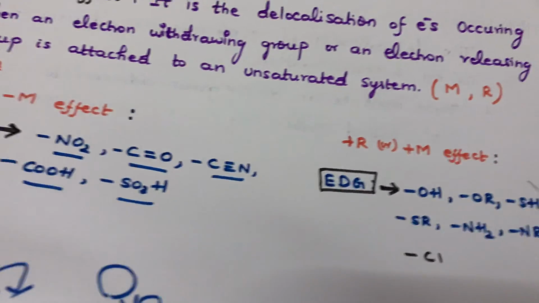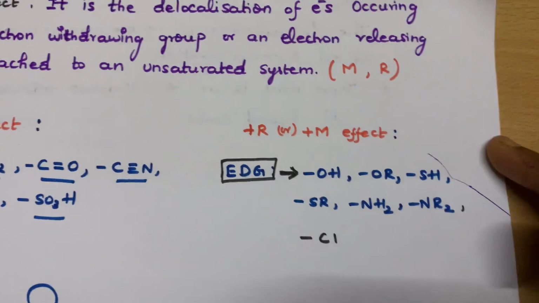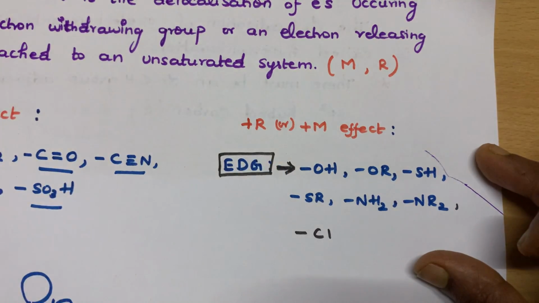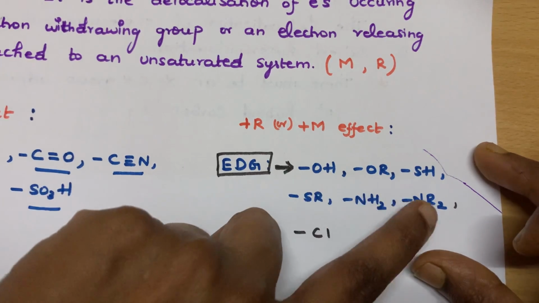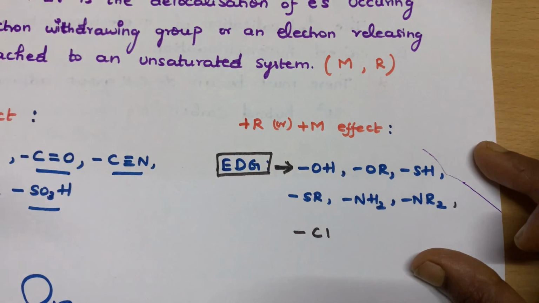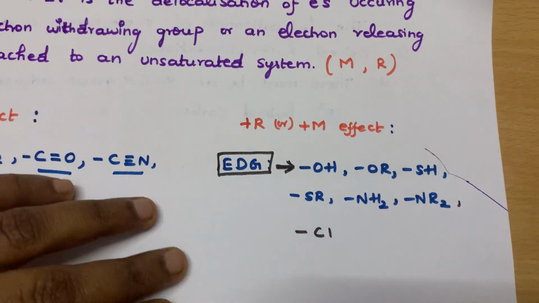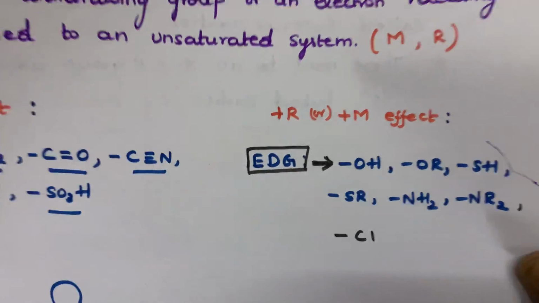It's very logical, you need not learn it by heart. Plus R resonance effect is given by the donating groups such as hydroxyl, alkoxy, thiol, amine, alkylated amine, and halogen. So I am giving you a clue.